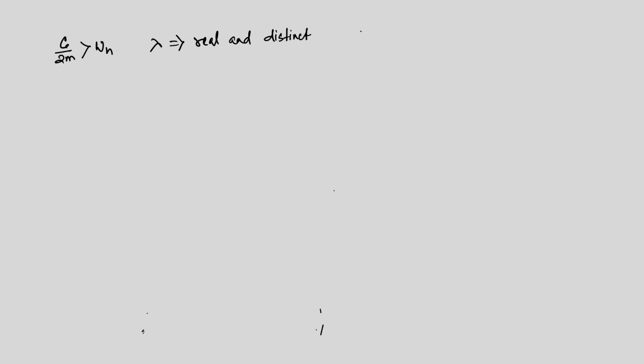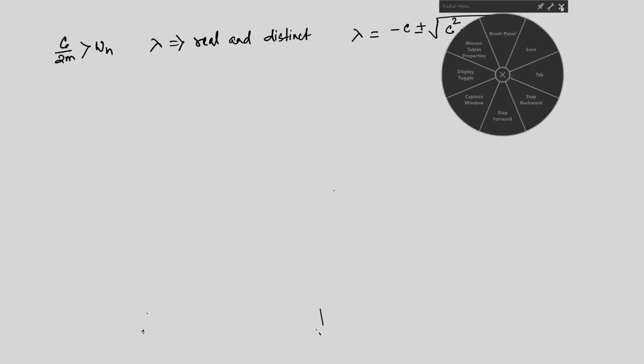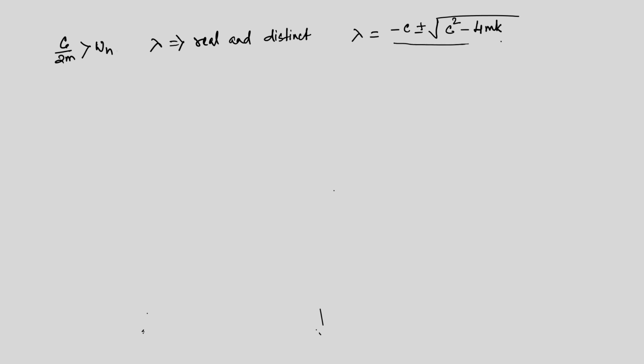Recall what is the expression of lambda? Lambda is equal to minus c plus minus square root of c square minus 4 m k divided by twice m.